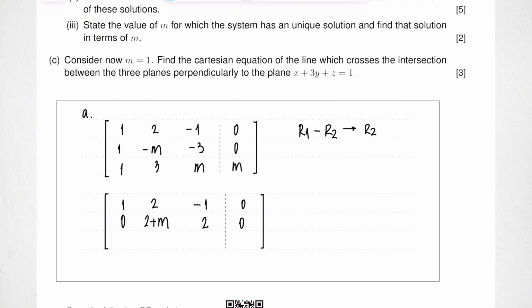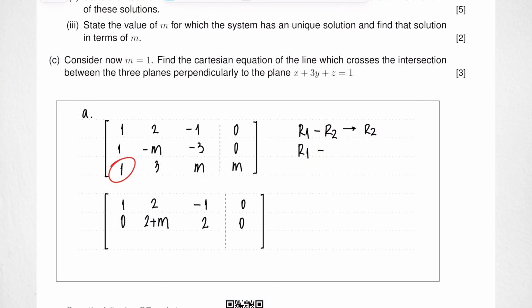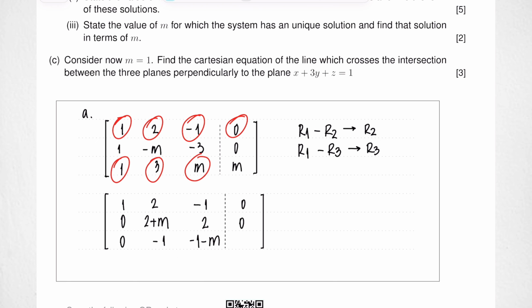Now for 3, we coincidentally are going to do the same thing. Given that we want to eliminate this 1 over here, we're going to do R1 minus R3 and store that into our R3. So we're going to have 1 minus 1, 2 minus 3, -1 minus m, and then 0 minus m, which is of course -m.